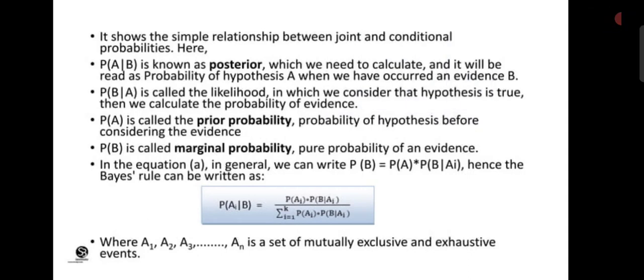P(B) is called the marginal probability, the pure probability of the evidence.